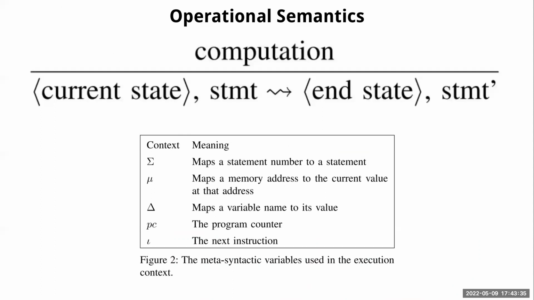Then, besides the syntax, we also need to define what is the meaning of the program. So when you develop a compiler, your compiler code defines what is the meaning of the program. Give you a piece of C code, you generate corresponding machine code.